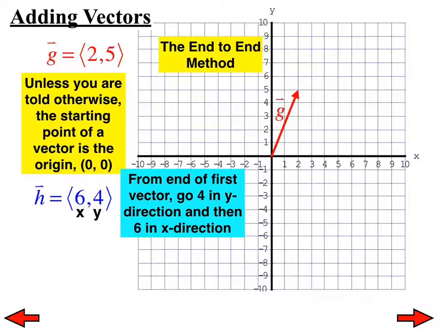And if you want to go in the y direction first, you can. It doesn't really matter. But the key is you're going 6 to the right and 4 up, and that would be the end of vector H. And once again, what we did from the end of vector G is we went 4 up, 6 right, or 6 right, 4 up, however you want to think about that.